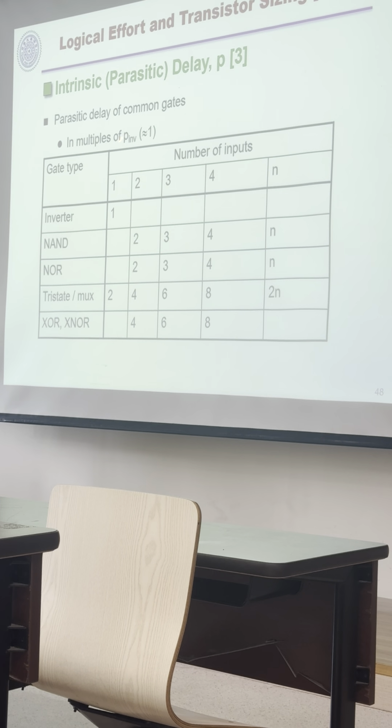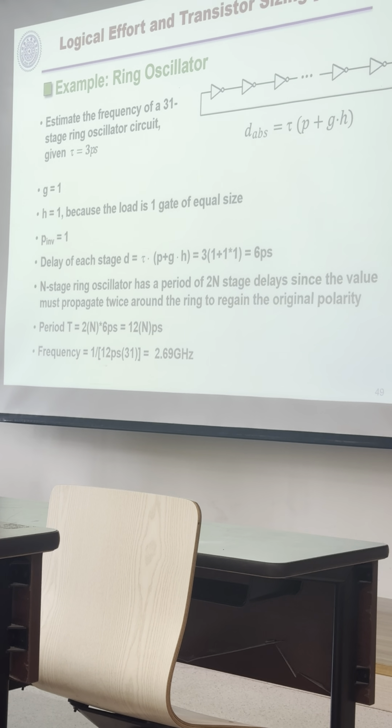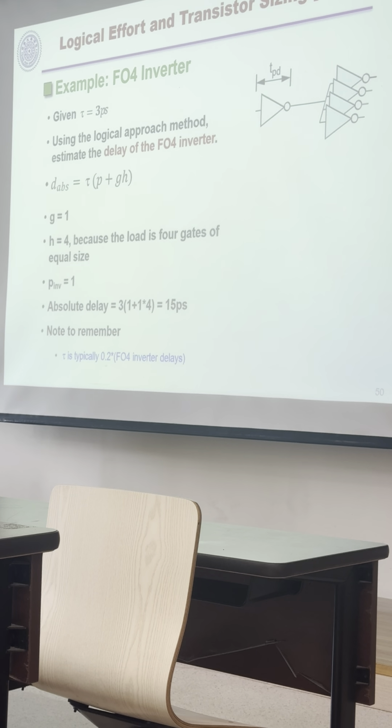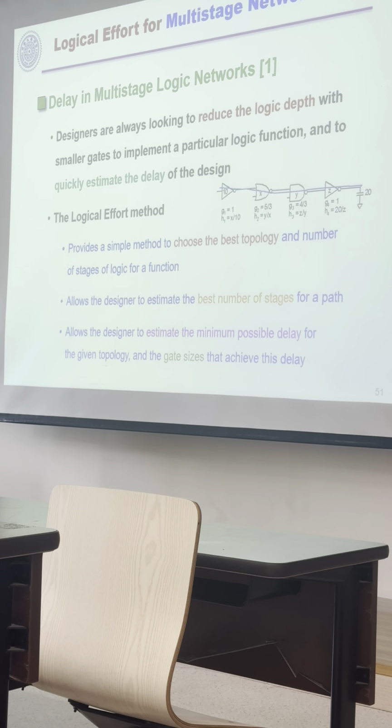And this is the parasitic, which is very important for your multi-stage calculation. When you calculate the multi-stage logic level, you can directly use this table. This will be tested, this one you include in the exam.